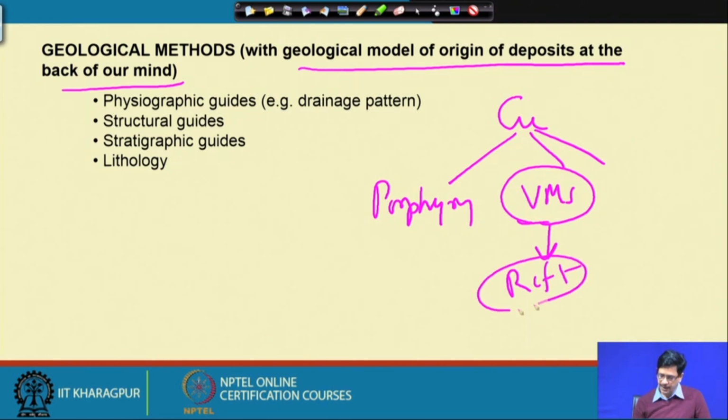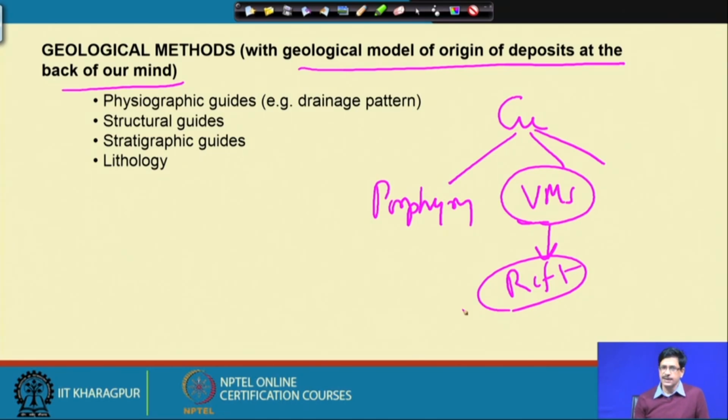So, if we are looking for a VMS deposit in any old terrain anywhere in the earth's crust, then first we know that in terms of a large scale operating process, it has to be an oceanic setting, a rift kind of setting in the ocean floor, maybe sometimes in very close proximity somewhere there could be some kind of a convergent margin to give rise to a felsic rock which will be contributing the fluid and so on.